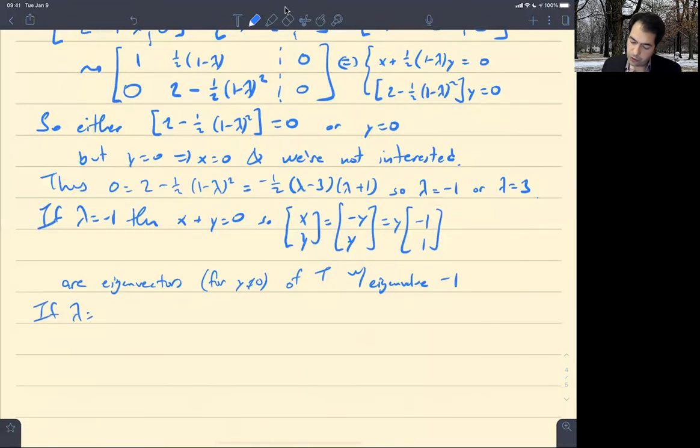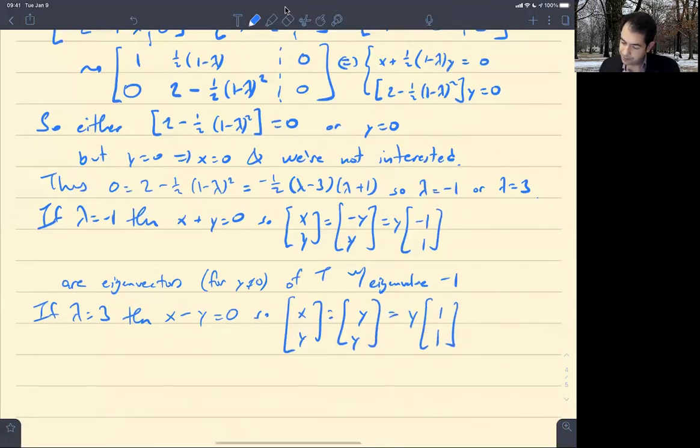If lambda is equal to 3, then our first equation becomes x plus 1/2, 1 minus 3 is minus 2, so this is just x minus y equals 0. So if we put that into a vector, we have x, y, and this says that x is equal to y, so we can just replace x with y. We end up with y times 1, 1.